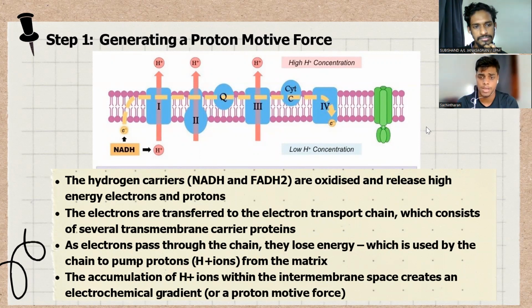As electrons pass through the chain, they lose energy and it is used by the chain to pump proton H plus ions from the matrix. Then the accumulation of H plus ions within the intermembrane space, where you can see the blue color and the pink color in the picture, creates an electrochemical gradient known as proton motive force. Next slide.